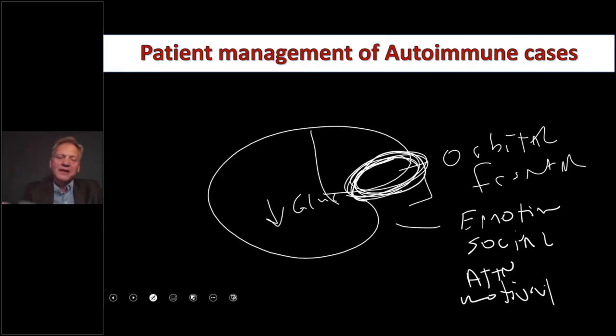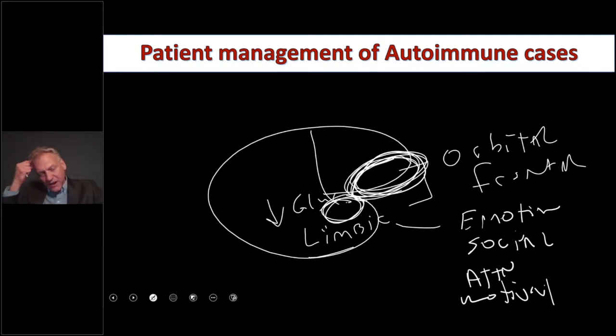I don't want to get too complicated about this, and I'm sorry if I've gone too far on this, but down here you have what's called the limbic system. The limbic system is always trying to tell you to do things, right? It's your anger spot, it's your happy spot, it's your extreme emotion part. The limbic system is in constant communication with the orbital frontal.